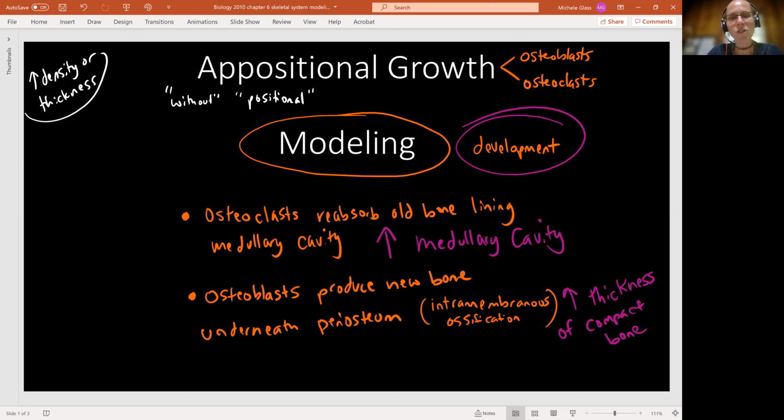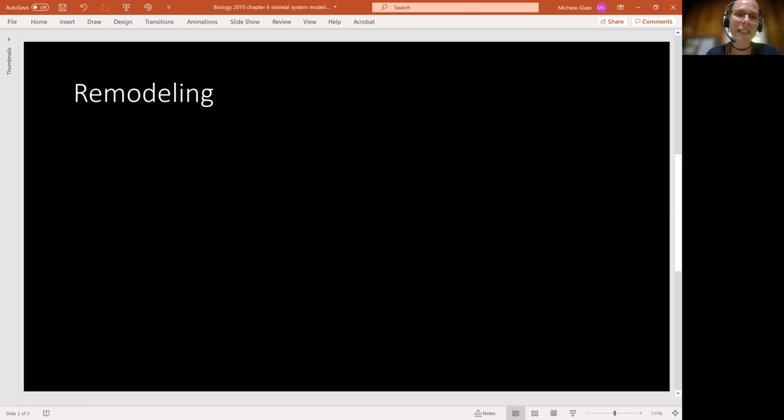But what we see is your skeleton is never done. It never stops changing. It definitely stops growing in length, but it's not going to stop changing based on your body needs. This is one of the things that I find so amazing about the human body: based on what we need our body to do, our body can pretty much make changes and adjustments accordingly.